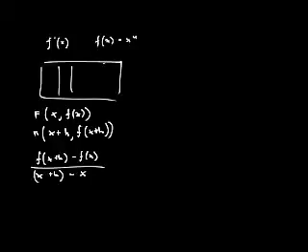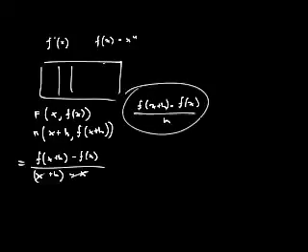Now when we do that, really as far as we can get here is we can cancel out these x's, and so we're left with f of x plus h minus f of x over h. And this is the gradient of the tangent at this generalized point.